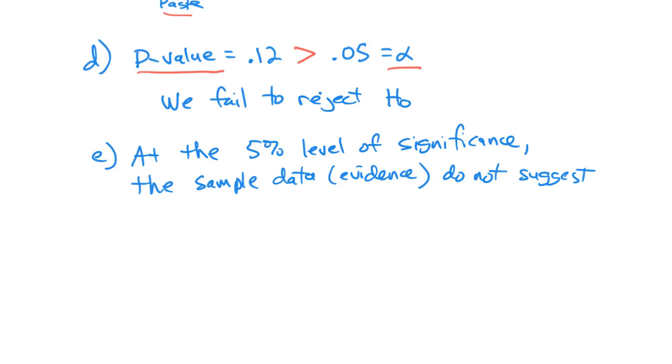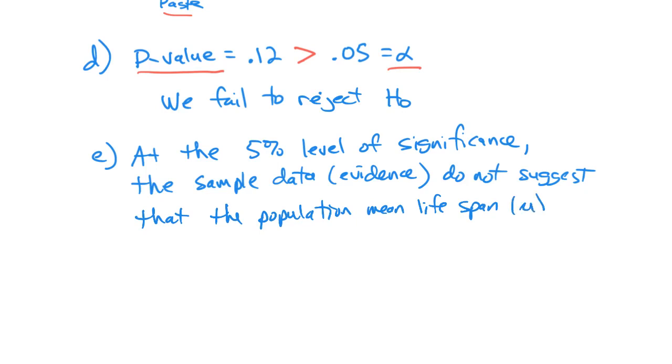So I'm going to say the data do not suggest that the population mean lifespan, in other words, that's mu, the population mean for Honolulu residents, is less than 77 years.